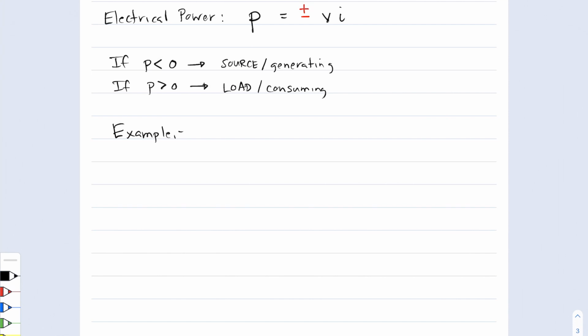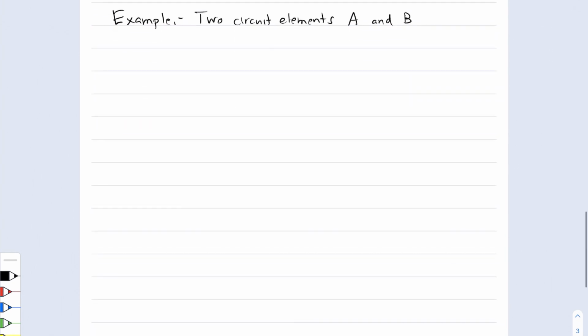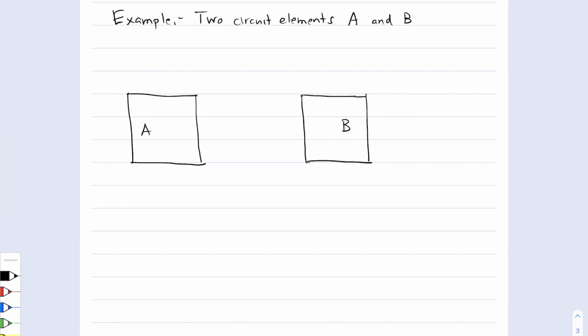Now, one of the things that I want to go through is an example. Right? And in this example, we have two circuit elements, A and B, and they're represented by black boxes. So over here we have A. Over here we have B. And they're interconnected in the following manner.